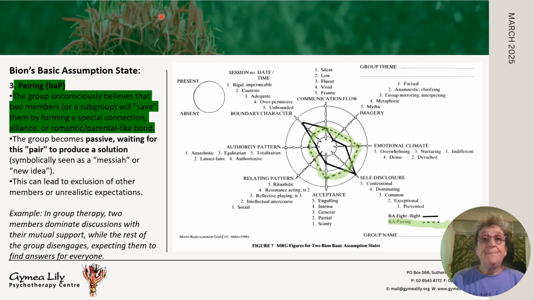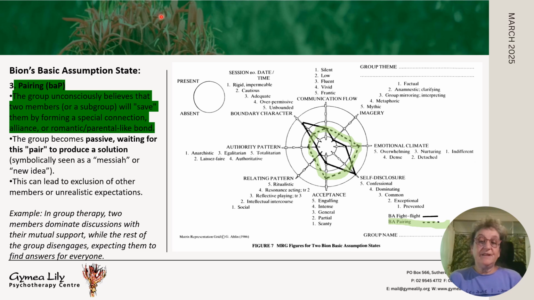This can then lead to exclusion of other members or really unrealistic expectations. So, for example, in group therapy, you might have two members dominating discussions with their mutual support, while the rest of the group disengages, drifts off, but somehow really expects them to find the answers.